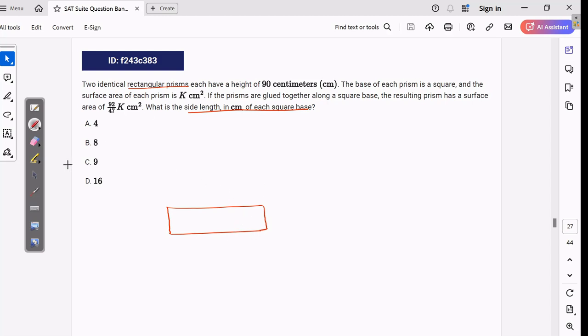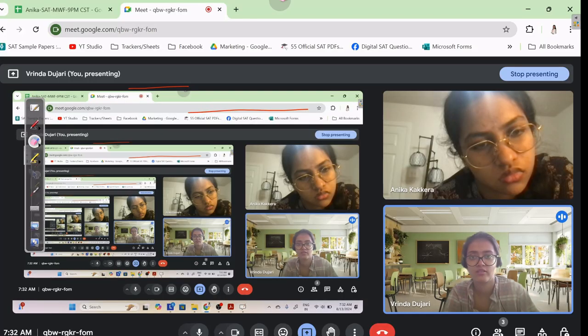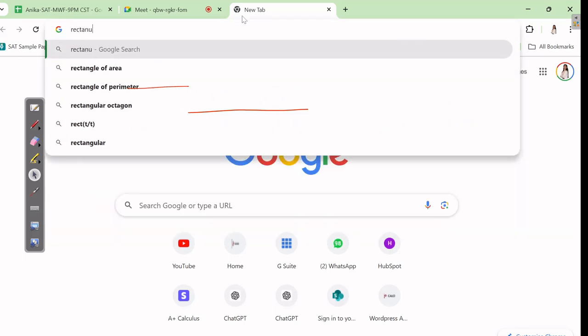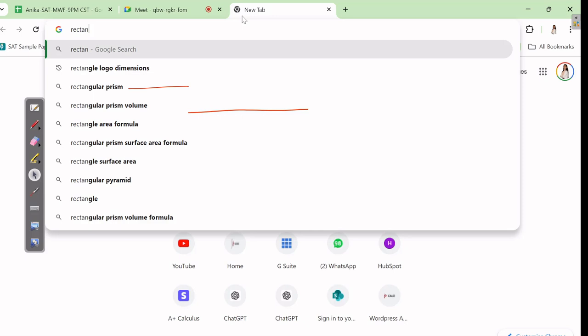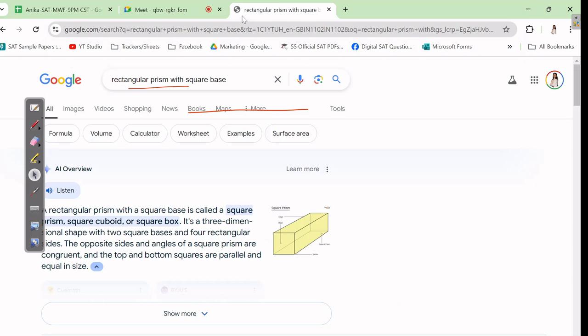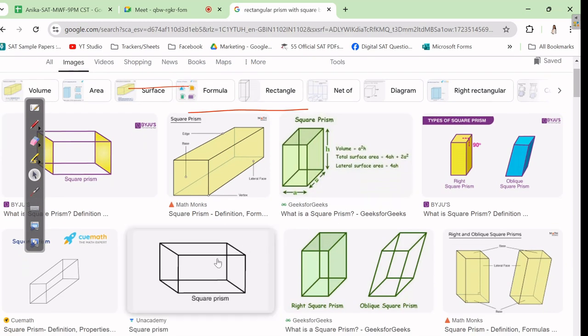You really need to imagine this object, a rectangular prism with square base. We need two prisms like this.